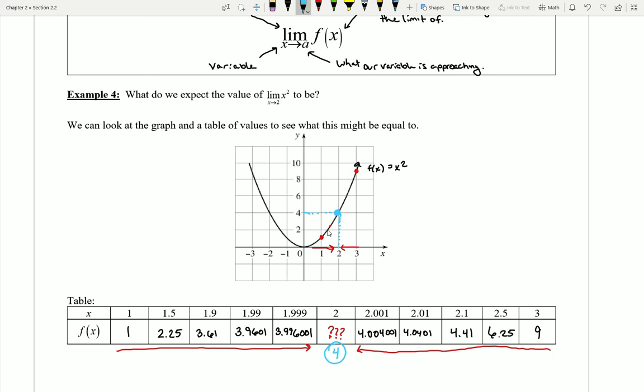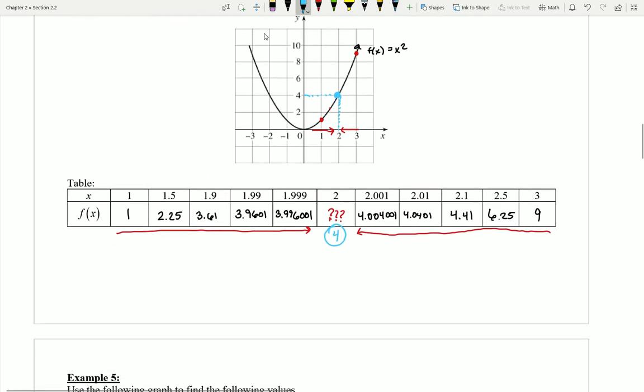If I walk the path this way, or if I walk the path that way, I'm getting walked to the y value of 4. And so what we would say is that based on these results, the limit as x approaches 2 of x squared is 4.